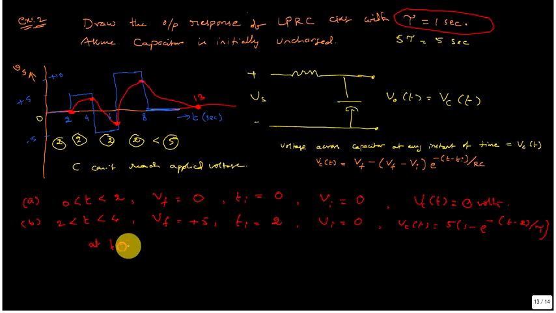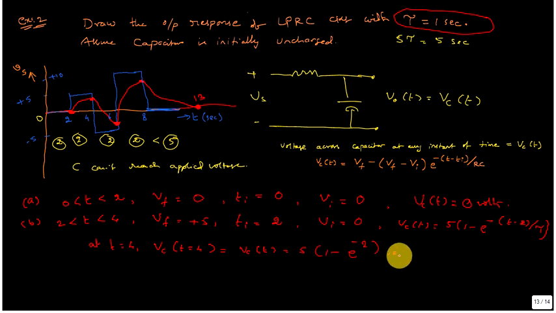At t = 4, Vc is simply found by substituting small t = 4. So Vc(t) = 5 into 1 minus e power minus 2 by 1. t is 4, 4 minus 2 is 2, 2 by 1 is 2, e power minus 2. This will be around 86%.